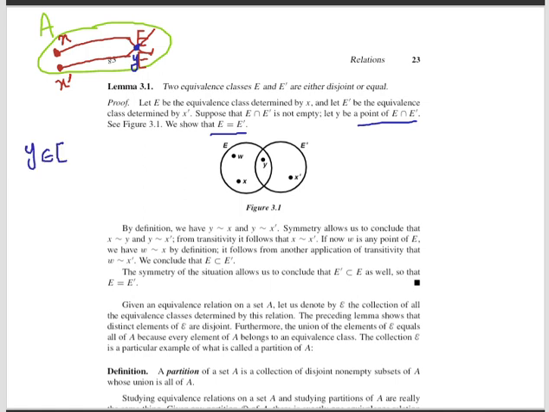Y is in E, then Y has a relation with x. Y is also in E prime, then Y is equivalent to x prime. From them we see that x is equivalent to x prime.